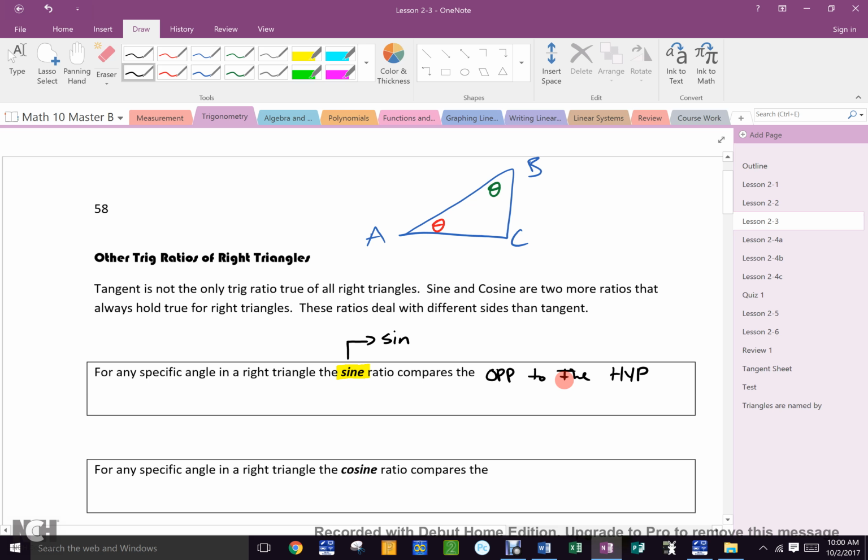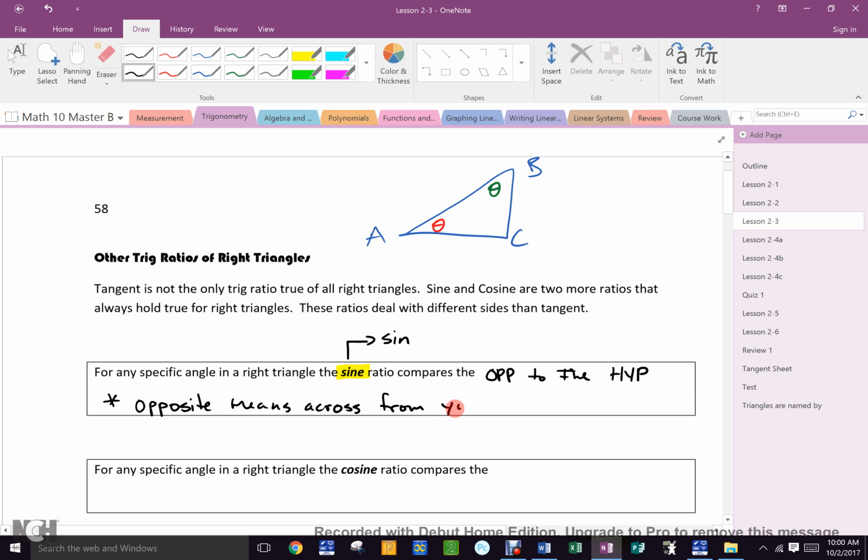Now remember, what is key? How do you decide where opposite is? Opposite means what? Opposite means across from what?